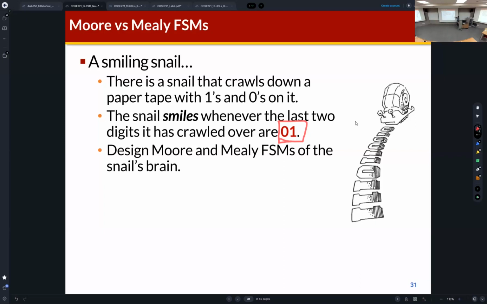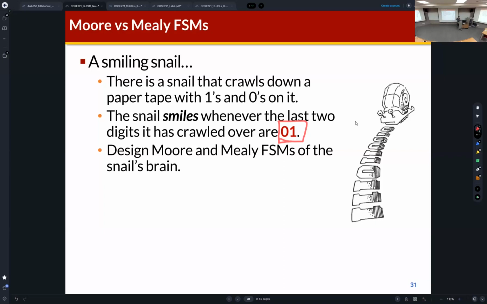We can design the logic of this snail using the Moore FSM and Mealy FSM. How? This is the description of the problem, and we can implement the Moore FSM or Mealy FSM based on this description.